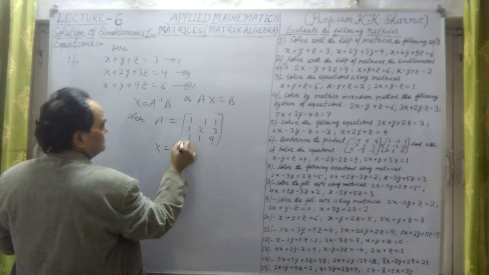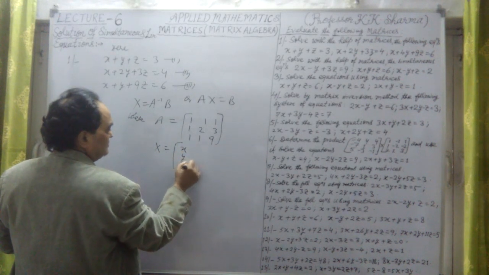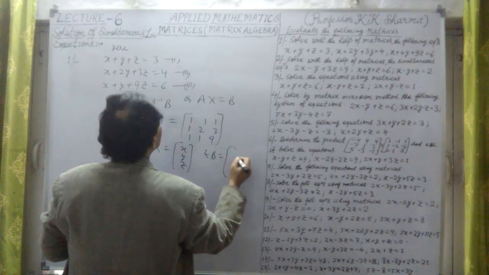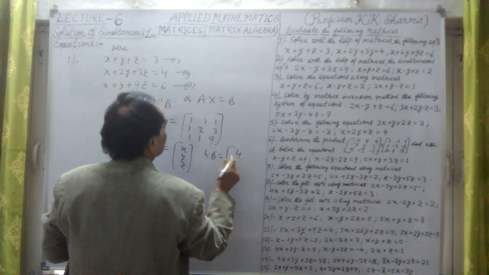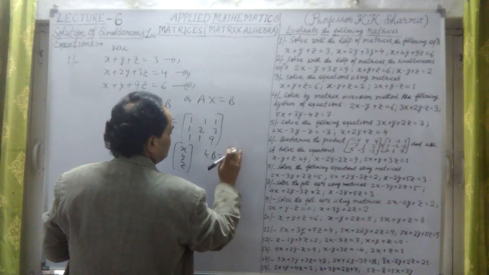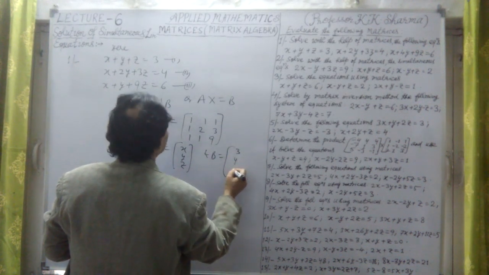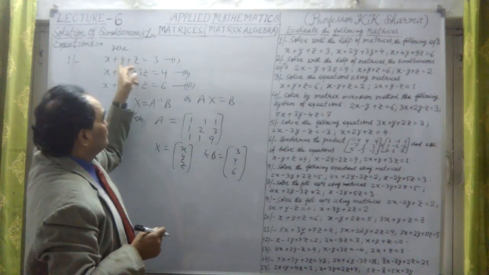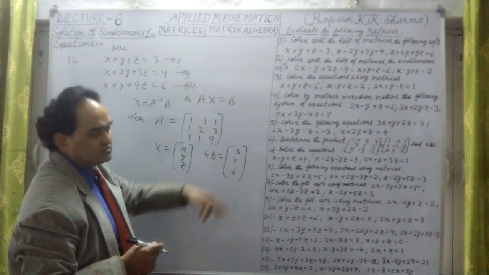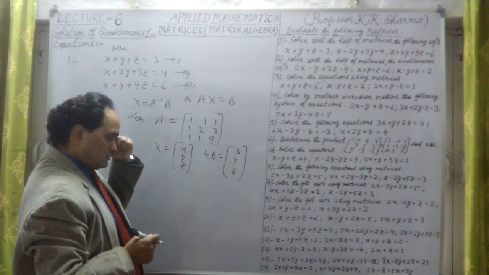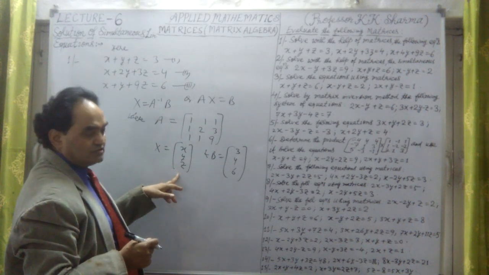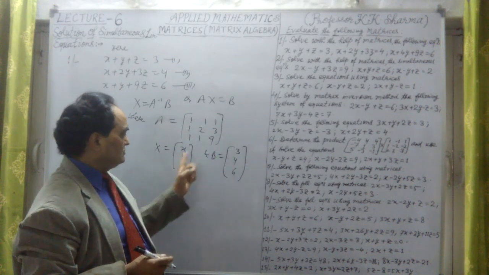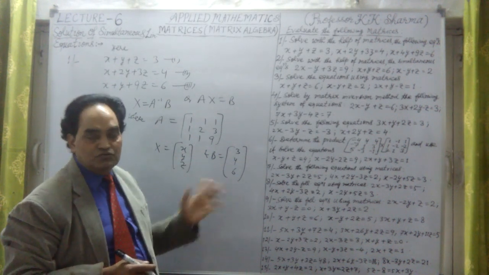X is the column matrix x, y, z, and B is the column matrix 3, 4, 6. On the right-hand side, the values of these equations are written in column matrix form. If A is the identity, we would say x equals 3, y equals 4, z equals 6 is the solution.